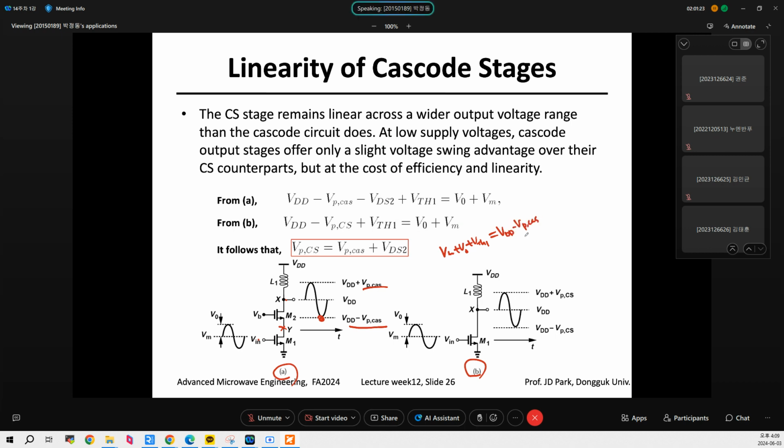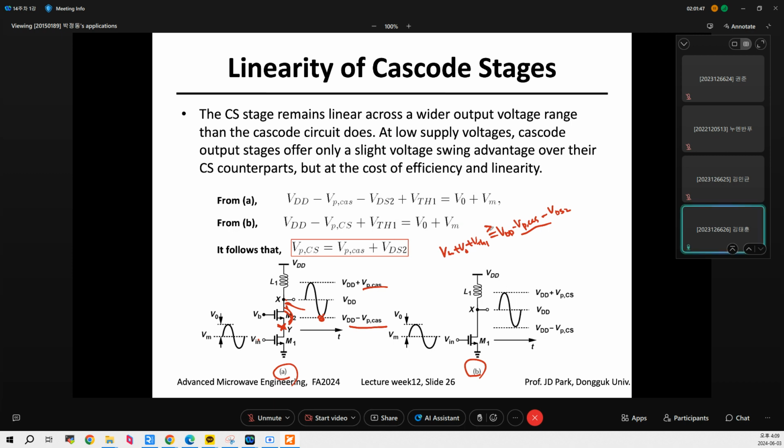This is our expected largest swing, and this is this swing over here. And this is VDS2. This point should be larger than this.